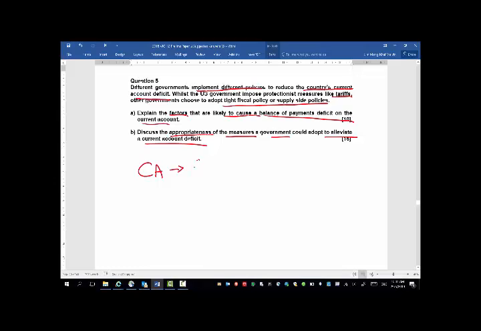So your current account here, you have your X minus M, your net exports. Another name for net exports is your balance of trade, which sometimes is what you see. Under your current account, this is known as your goods and services balance.